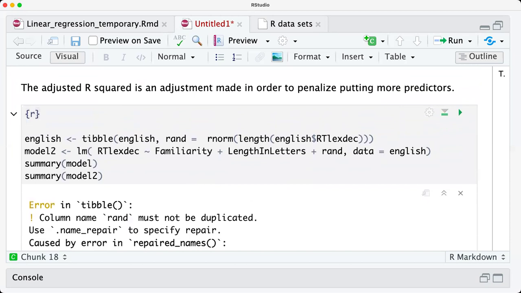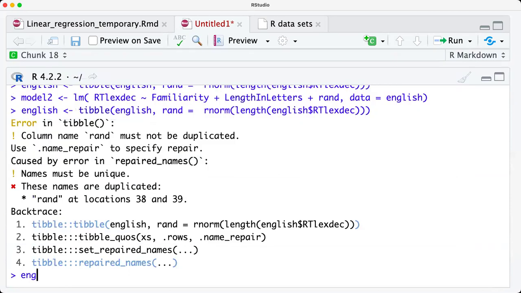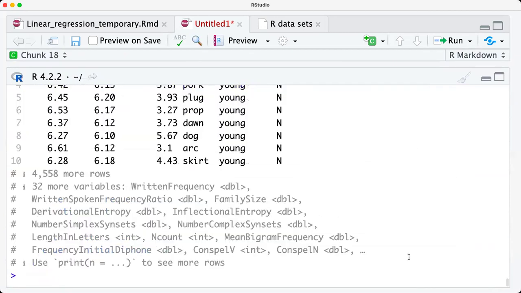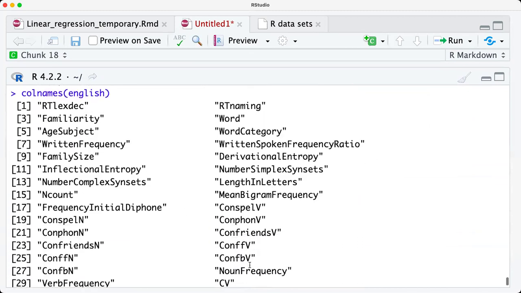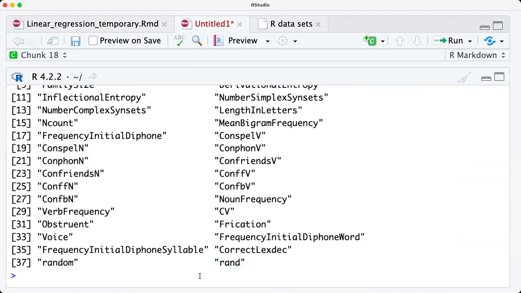So maybe I have to check English. You see, I've added first a column random, then a column rand. So I made a mess, basically. I need to clean it and come back to the English variable of the dataset because now I've modified it.